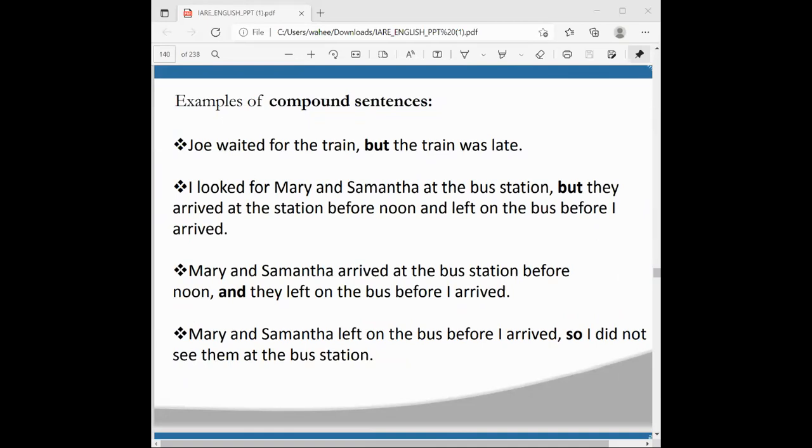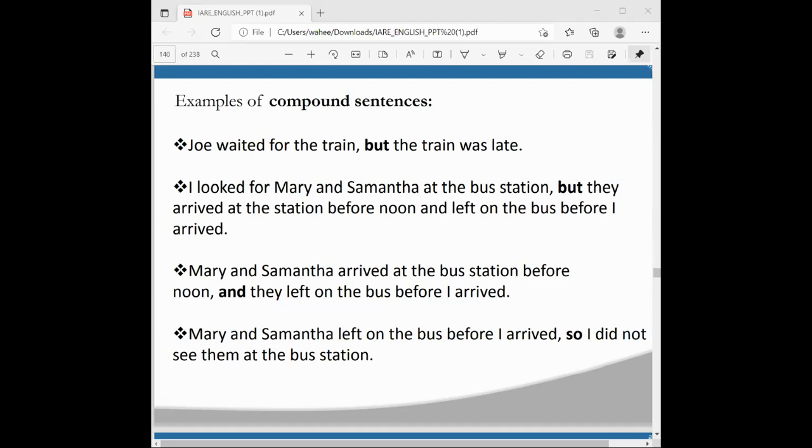A phrase is a related group of words. The words work together as a unit, but they do not have a subject and a verb. But a clause is a group of words that does have both a subject and a verb. Some clauses are independent, meaning that they express a complete thought.